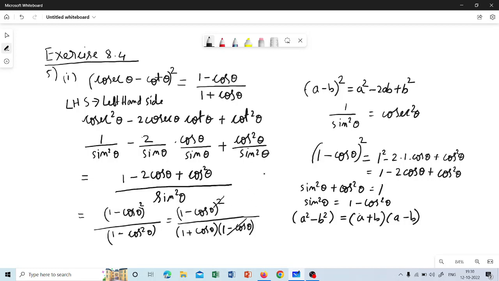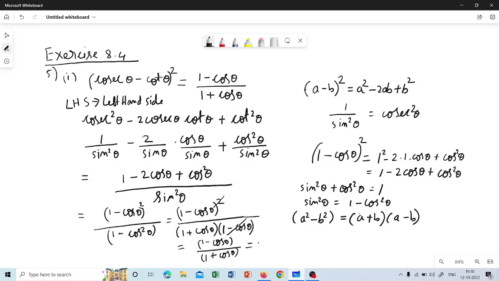The remaining term will be 1 minus cos theta in the numerator by 1 plus cos theta.